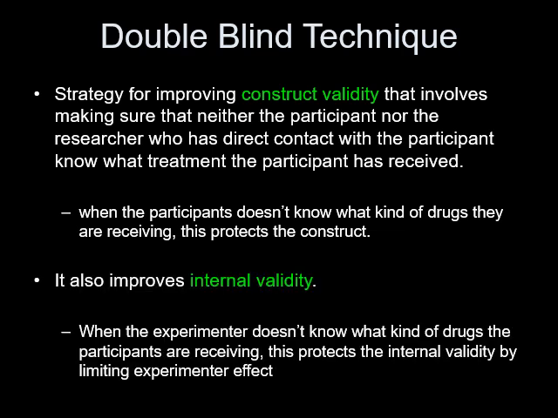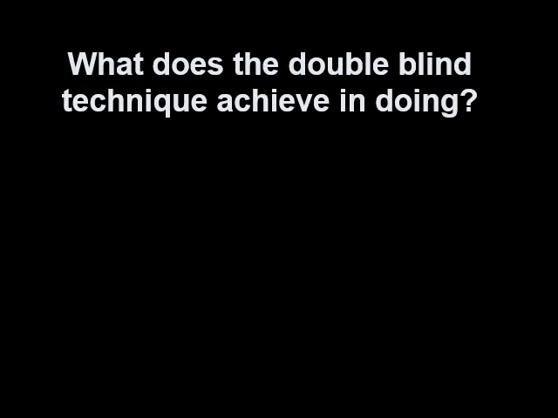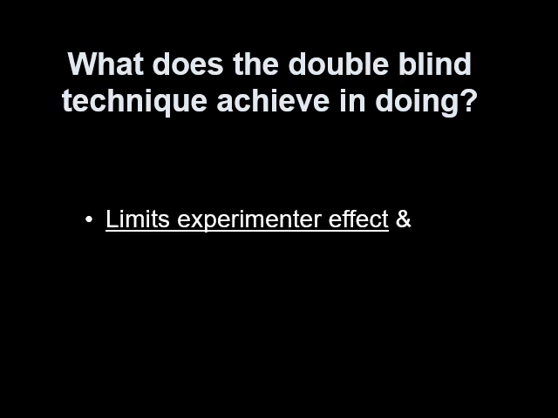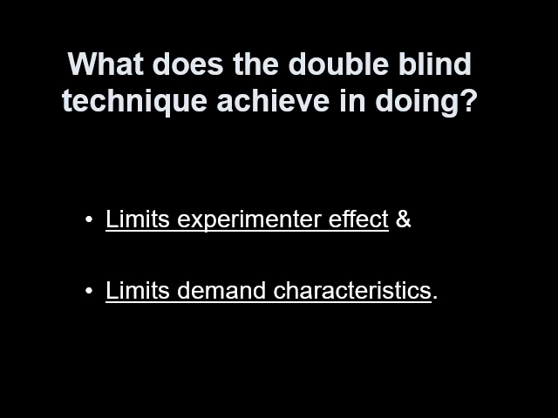Okay, so it also protects the internal validity. When the experimenter doesn't know which drugs the participants are receiving, this protects internal validity by limiting the experimenter effect. So the double blind technique limits the experimenter effect, as we've said, and it also limits the demand characteristic. So what is demand characteristic?